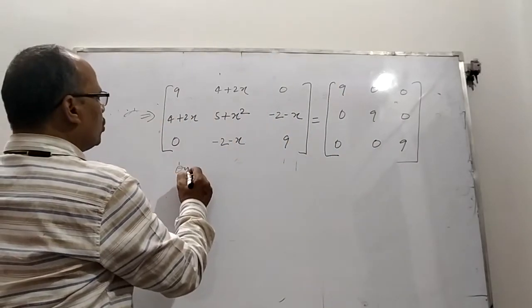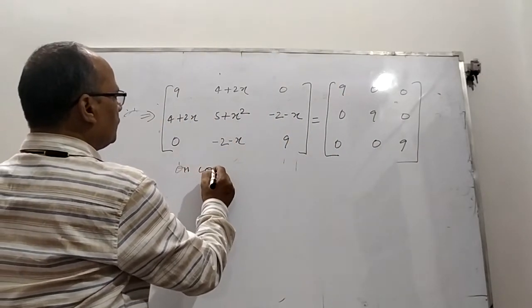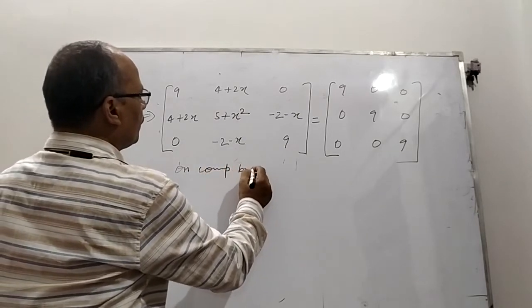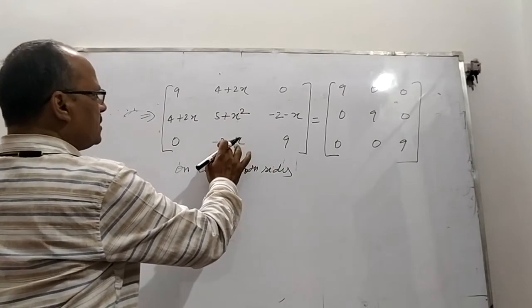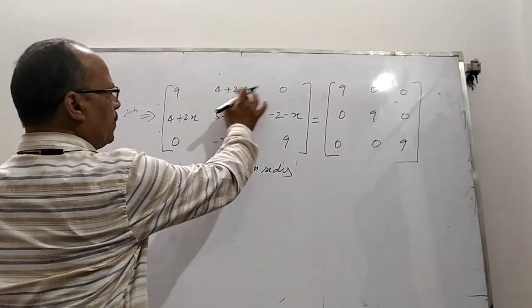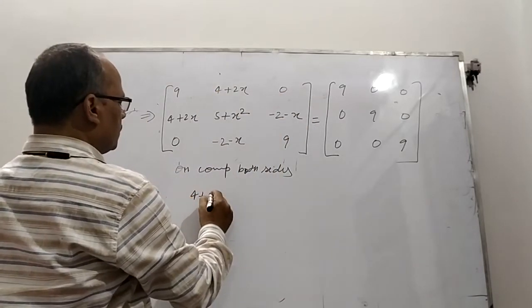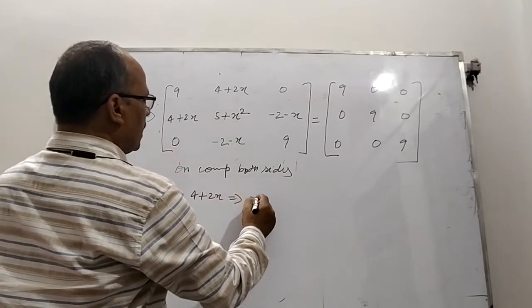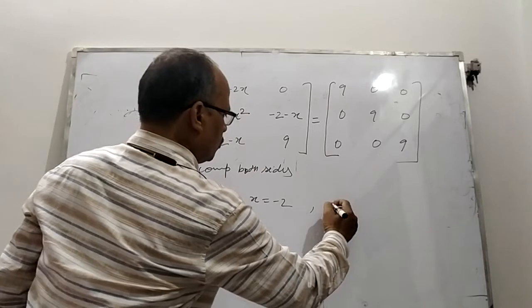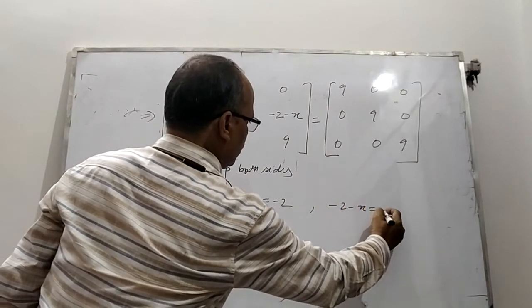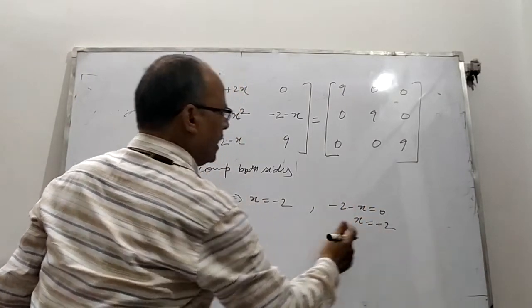On comparing both sides, you compare this, anyone you compare, 4 plus 2x, x equal to minus 2. You compare this, so minus 2 minus x equal to 0, x equal to minus 2. It is the correct answer.